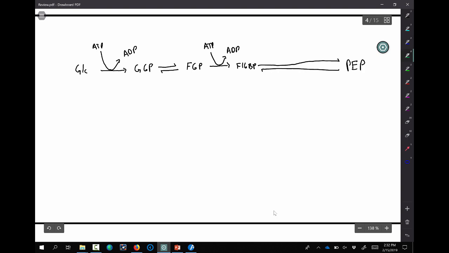If we think about this strictly from a regulatory standpoint, if this is getting a green light and this is getting a green light, meaning we're increasing rates of those for whatever reason, and we haven't talked about how, what will happen is this will start to increase in level, right? According to Le Chatelier's principle, that will shift in this direction and that will start to increase. The rate of production of fructose 1,6-bisphosphate has gone up. So if this goes up, then this entire pathway is going to shift in this direction.